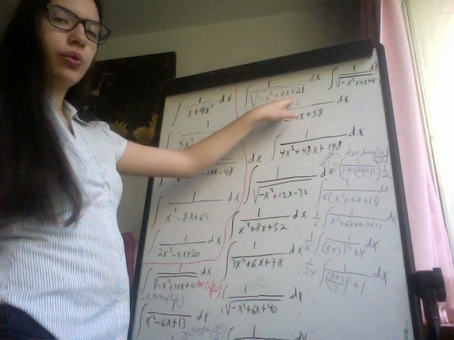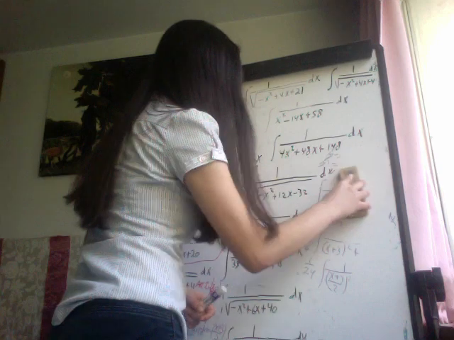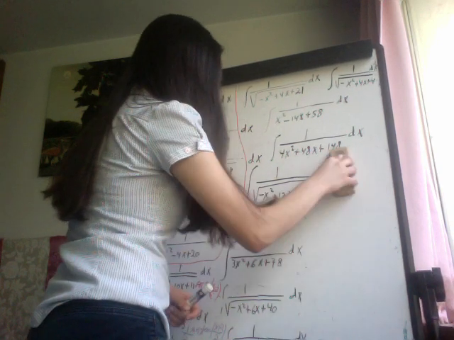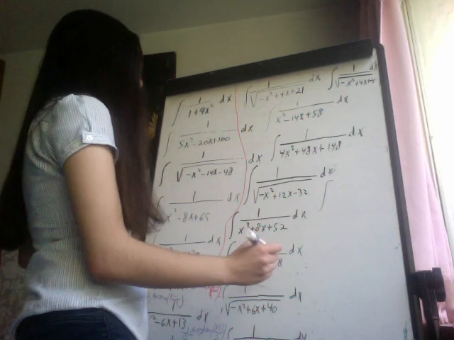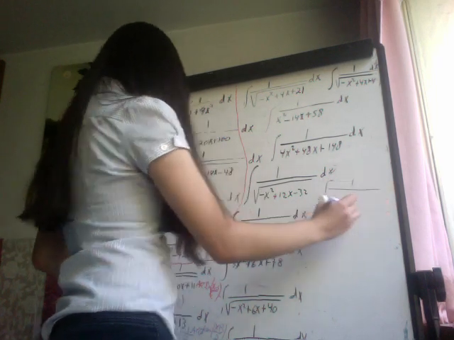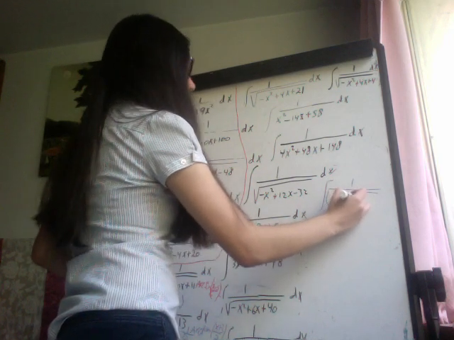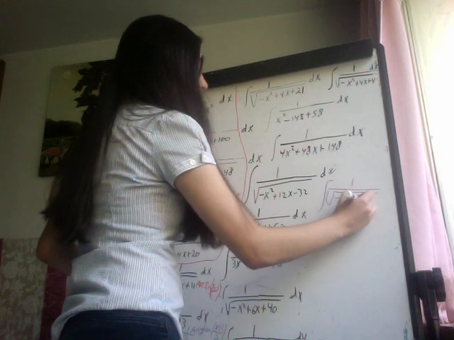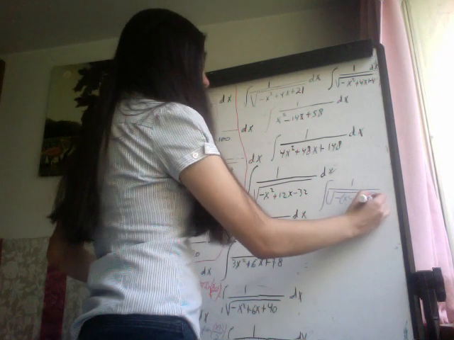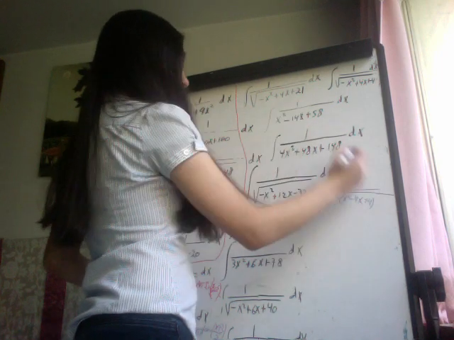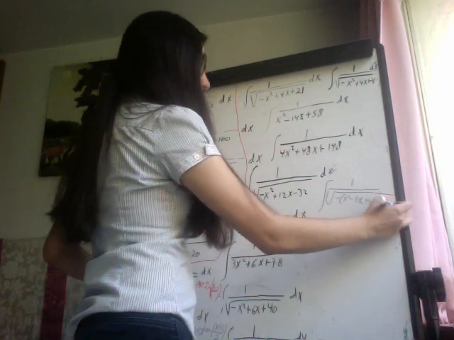Alright, next one, the indefinite integral of 1 divided by the square root of negative x squared plus 4x plus 21 dx. So now, let me factorize again the negative sign. So this will be 1 over square root of negative (x squared minus 4x), just like that. Actually, let me already complete the square. So plus 4, plus 21, and here I am subtracting 4, so plus 4 dx.